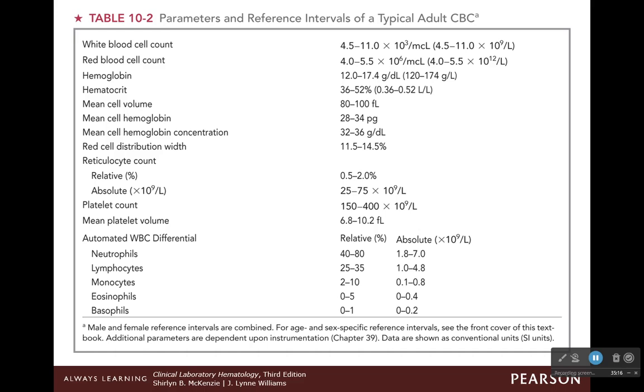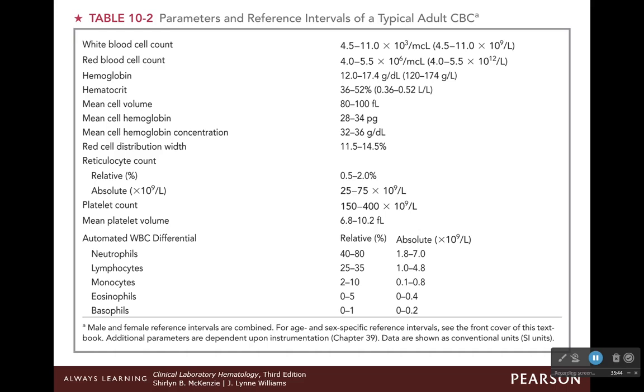So, 4.5 to 11,000 is what the 3 means, per microliter or millimeter cubed. 4 to 5.5 million, the 6 is a million per microliter. Hemoglobin 12 to 17. Of course, this is including male and female. The ranges are a little bit different for male and female.